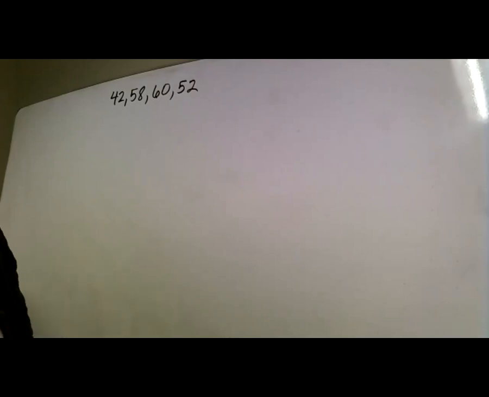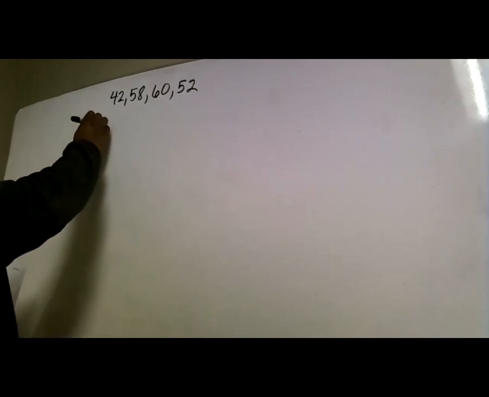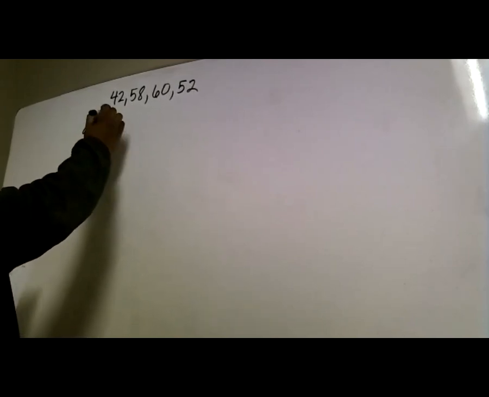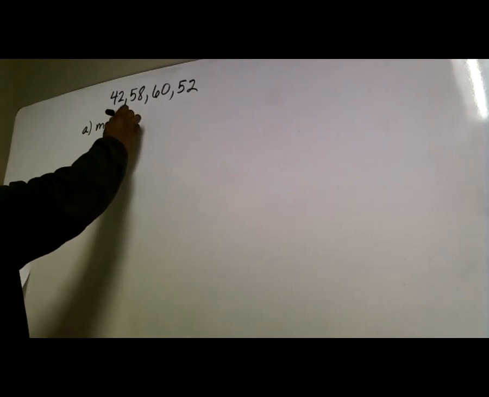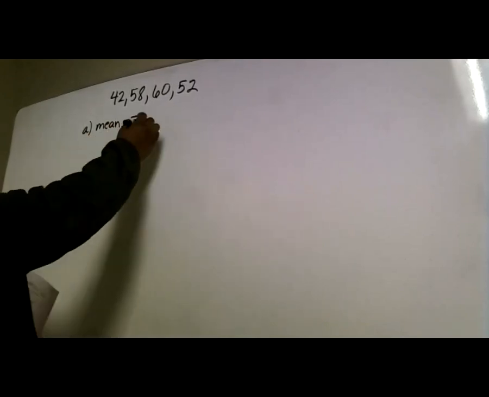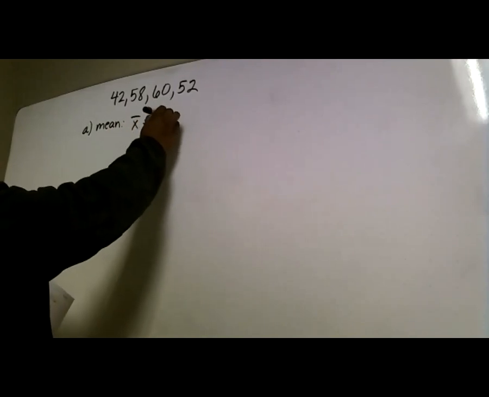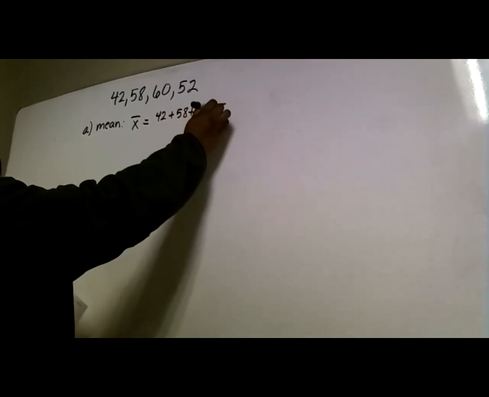All right, now part A says calculate the mean, which is, of course, we're going to use X bar for the mean. So we're just adding the 4 data values together. We're going to add 42, 58, 60, and 52 together.